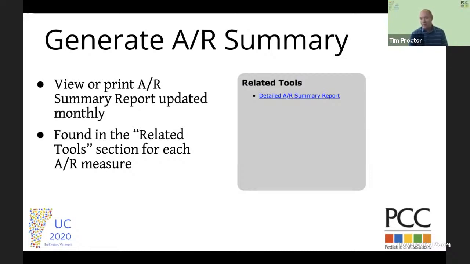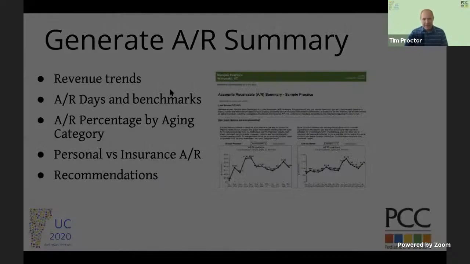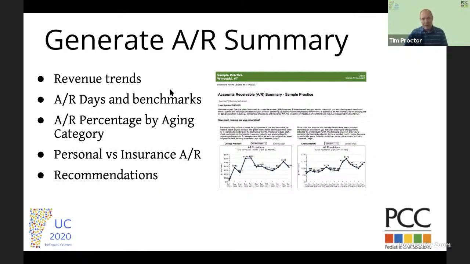For any AR measure from your homepage, if you go in there and get to the related tools, you'll see a section for a detailed AR summary report. It's going to drill into your AR and give you a high level view of your accounts receivable and billing. Some of the things you'll see in that page are revenue trends, in terms of how much you've collected in payments by month or year to date.